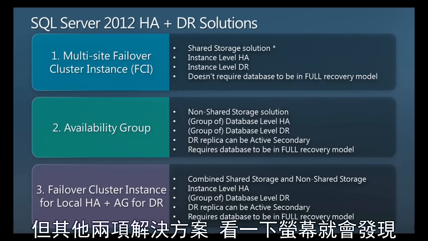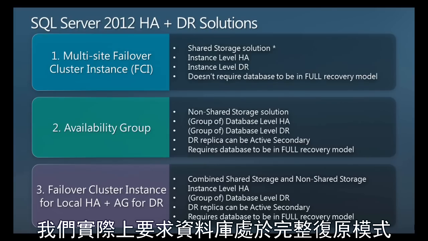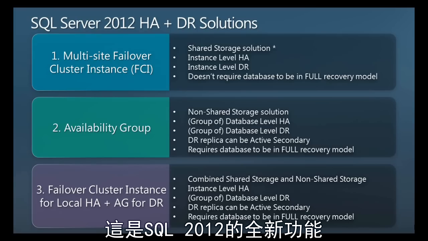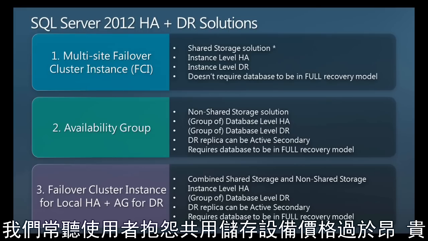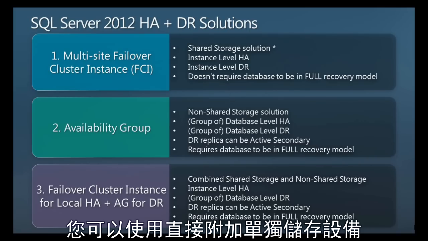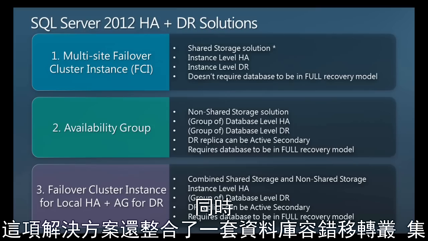For the other two, as you can see in the deck, we require the database to be in full recovery model. The second one is availability group. This is a new feature in SQL 2012. We heard people saying shared storage is too expensive. So in this solution, you do not need shared storage. You can use all direct attached storage. And this solution fails over a set of databases together.